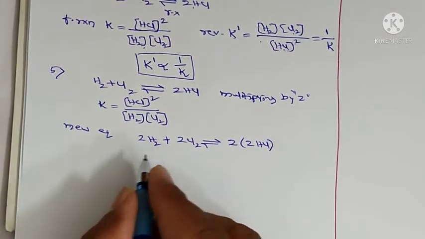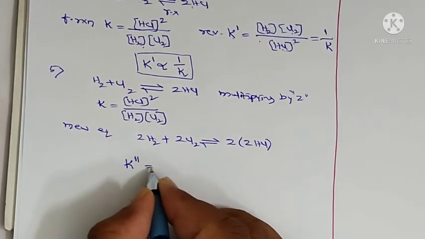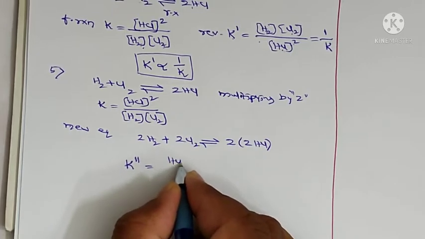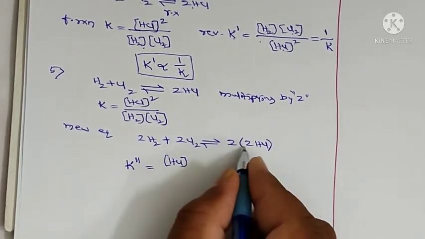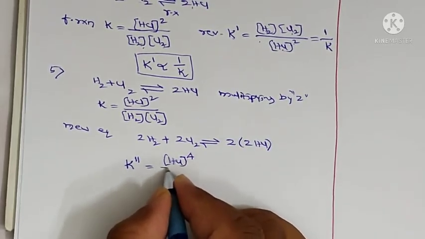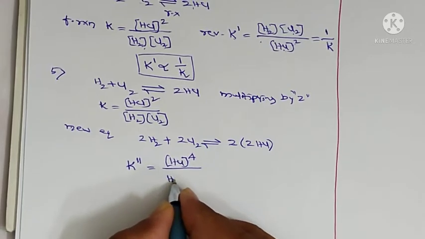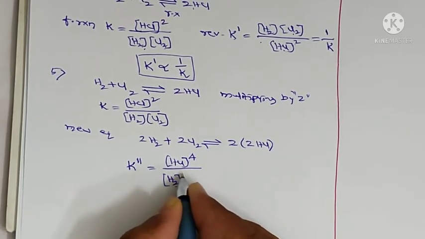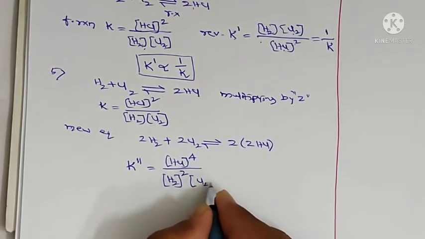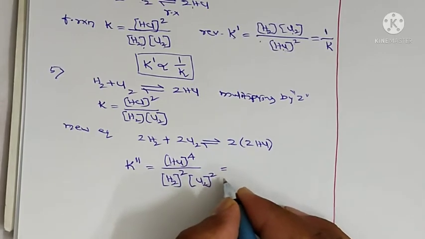For this new equation, the equilibrium constant K double dash is equal to the products' concentration, HCl concentration with coefficient 2 into 2, 4 power 4, divided by the reactants' concentrations, H2 concentration with coefficient 2 and Cl2 concentration with coefficient 2.